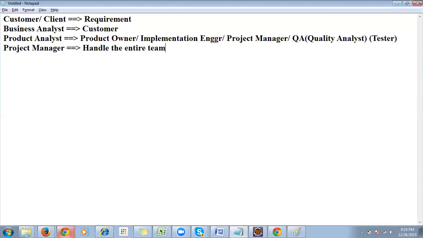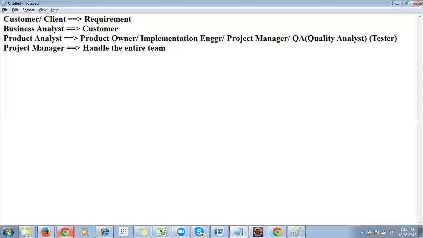So he is the one who is responsible for the entire team. He will approve the information from the business analyst or the product analyst, who say these are the requirements that should be given by this period of time. The project manager is the one who will assign which task is taken by which member.